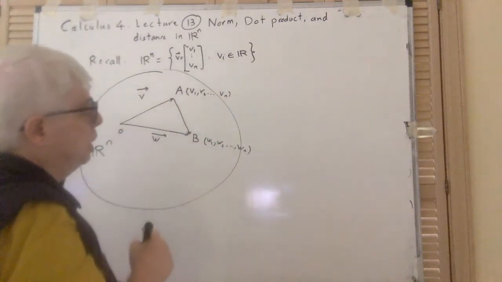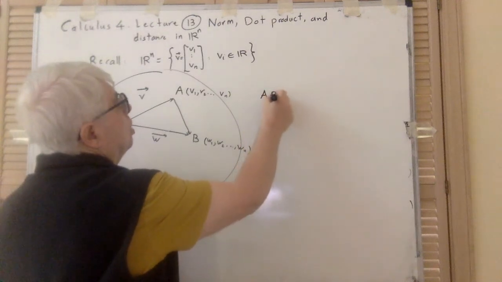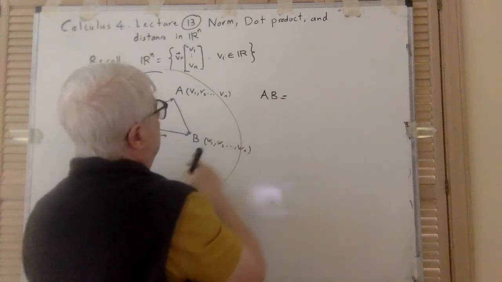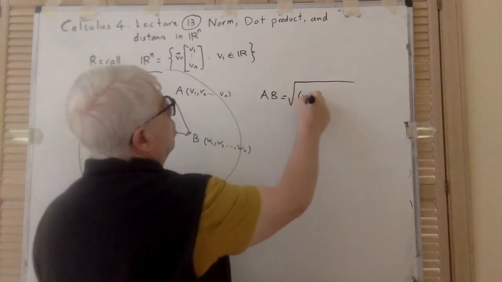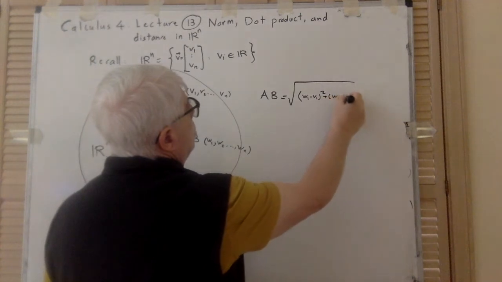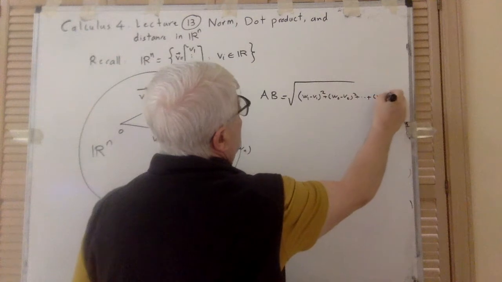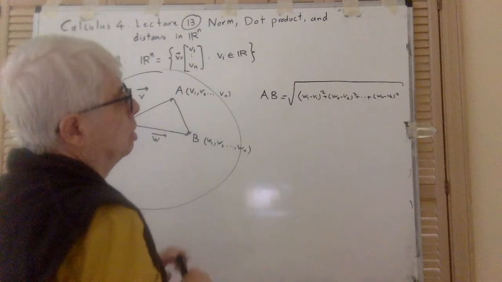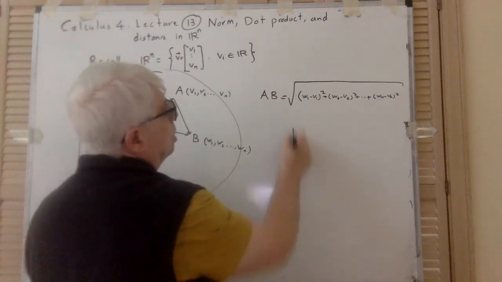So the distance between A and B in Rn is very similar to distance formula in, say, R2. It is a square root of this coordinate W1 minus V1 squared, W2 minus V2 squared, and up to Wn minus Vn squared. Now this is again extending the definition of distance.